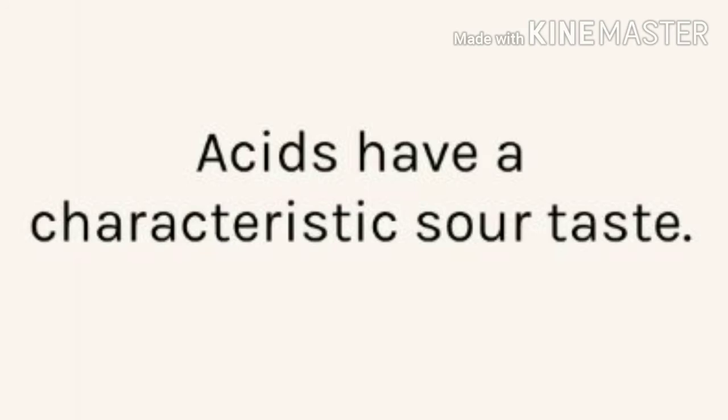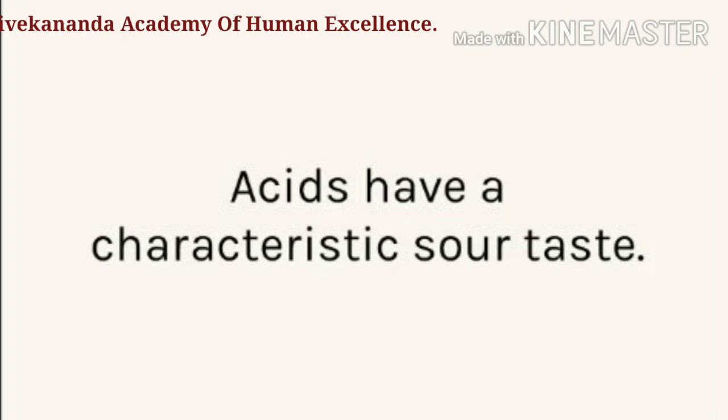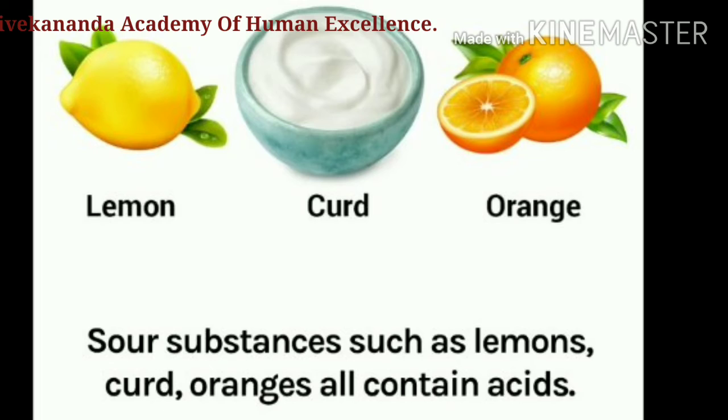See, acids have a characteristic property: if we want to identify an acid, we can identify it by its taste. So acids have a characteristic taste. Substances that contain acid are sour in taste.